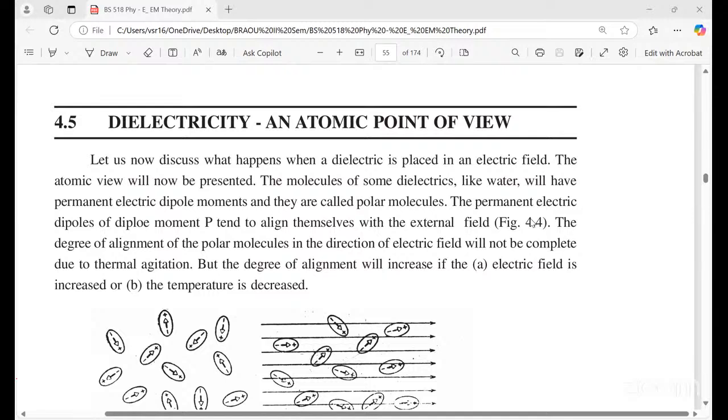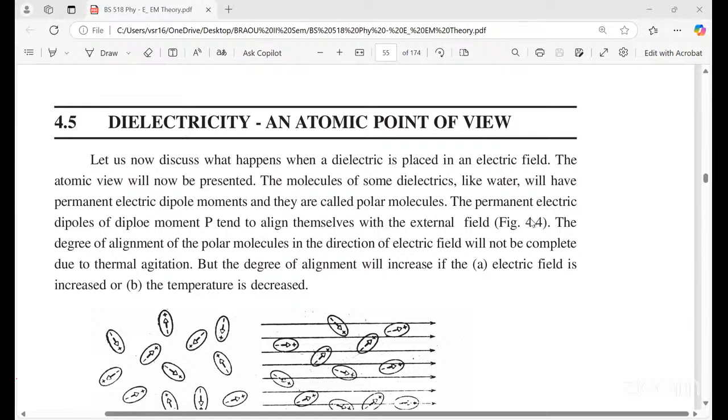So here, if you place a dielectric in an electric field, the molecules of the dielectric, like water, have a permanent electric dipole moment. What do you mean by dipole?